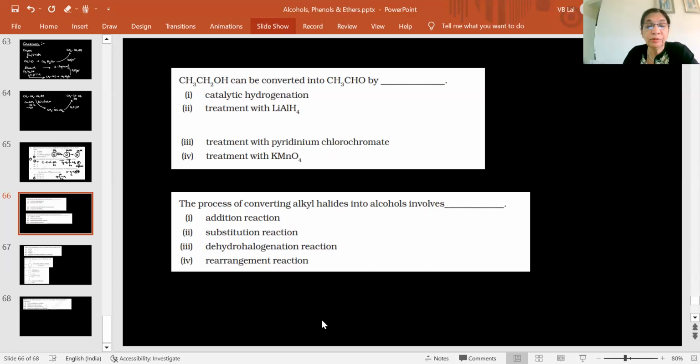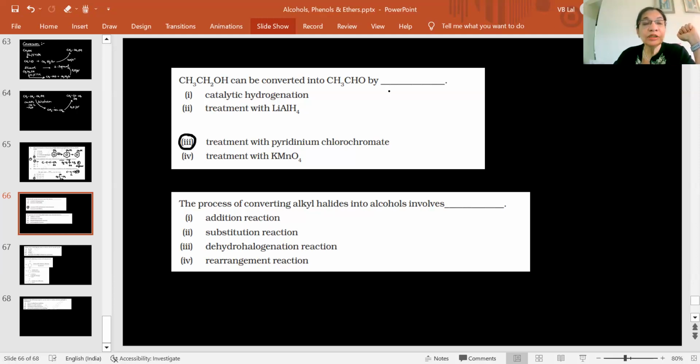Tell me, who will tell me the answer? Is it option 3, ma'am? Yes, option 3. Hariharan, I'm so happy you have revised and come. You are answering all the questions. Very good, Hariharan. Keep it up.